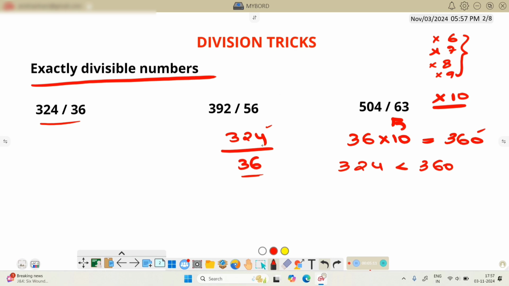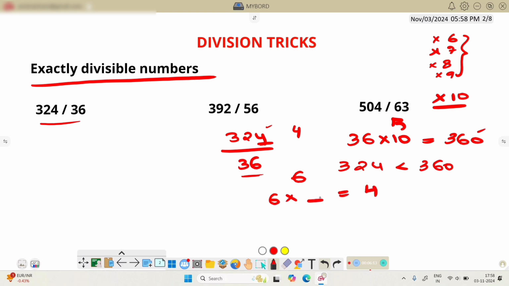Now you just target the unit digit. Here for 36 the unit digit is 6, right? And for the number 324 the unit digit is 4. So we multiply 6 with which number to get the unit digit 4?